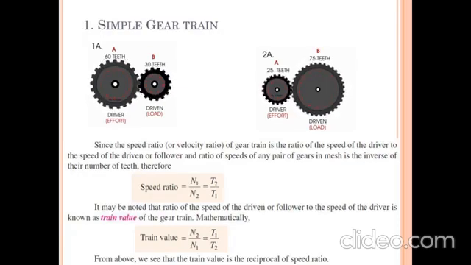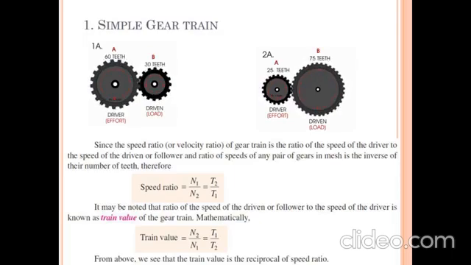Therefore, the speed ratio between these two gears can be given as N1 upon N2, the ratio of speed of the driver gear to the speed of the driven gear, isn't it?